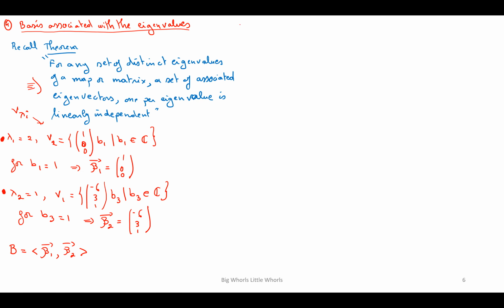So that means our basis B, and this is just one of the bases we can find, is (1, 0, 0) and (-6, 3, 1).